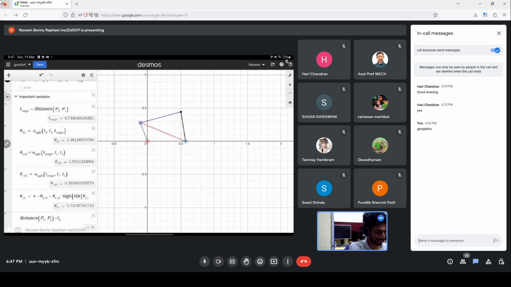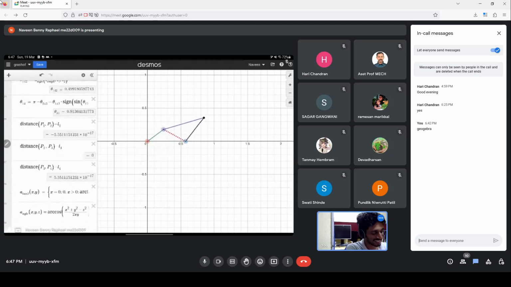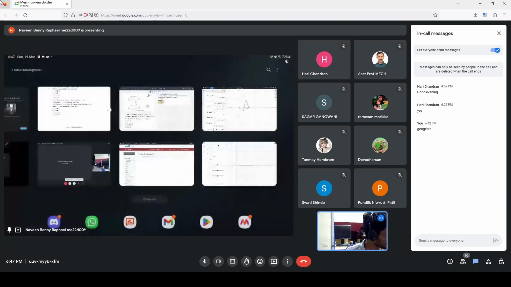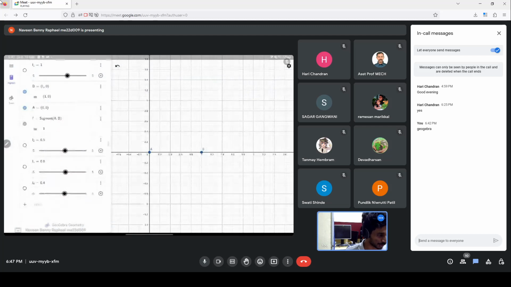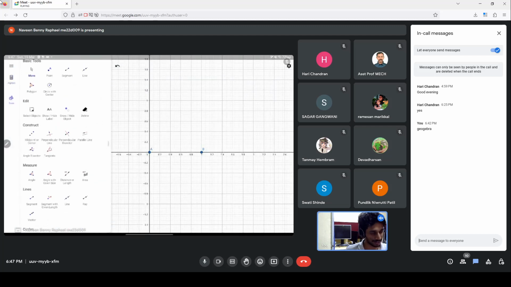I have to calculate using some weird algebra which I've written here, and I just felt more comfortable writing these equations in Desmos than in GeoGebra. Otherwise, it's actually more powerful to do it in GeoGebra. You have so many more tools. You can easily find the measure of angles and things like that. So if you want to use those, I would recommend using GeoGebra. But it's up to you in the end.